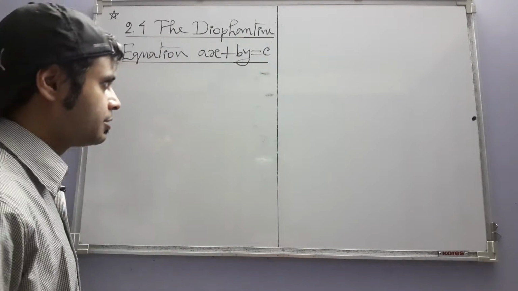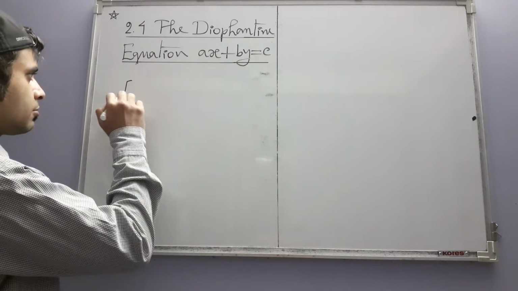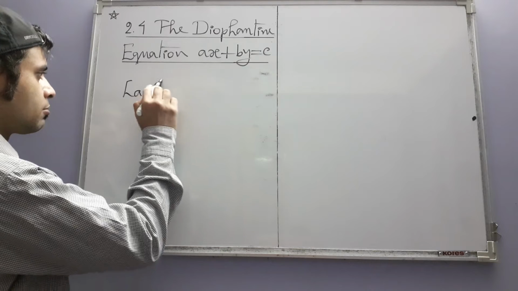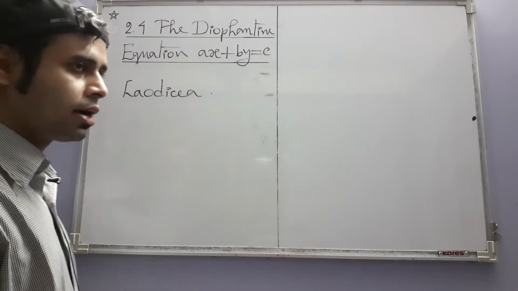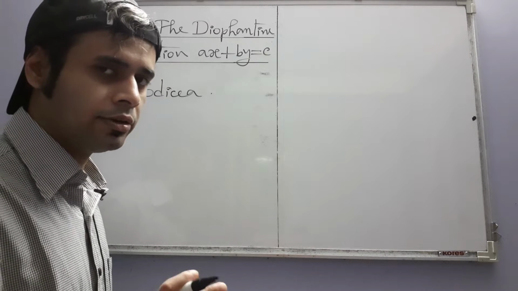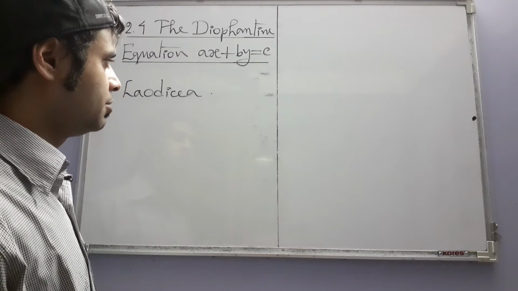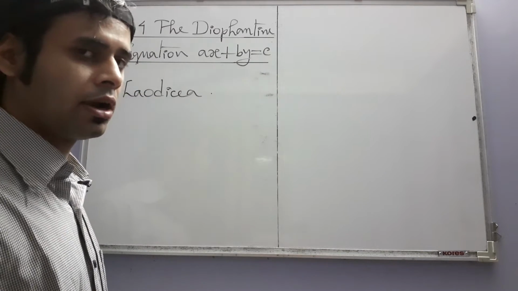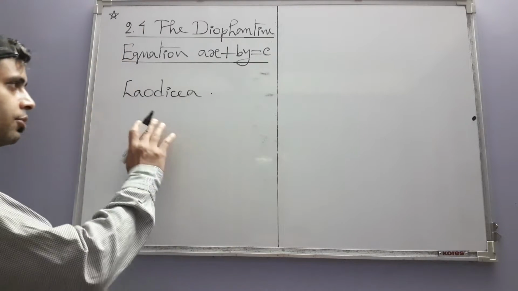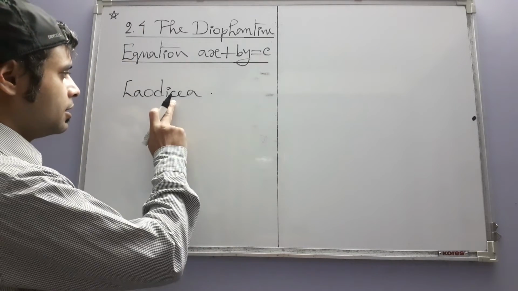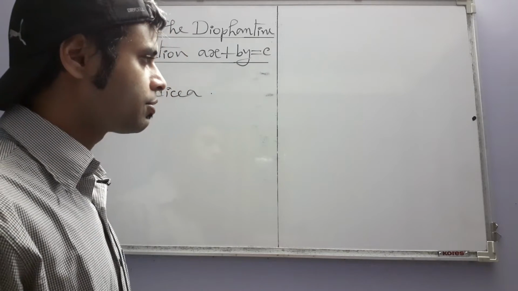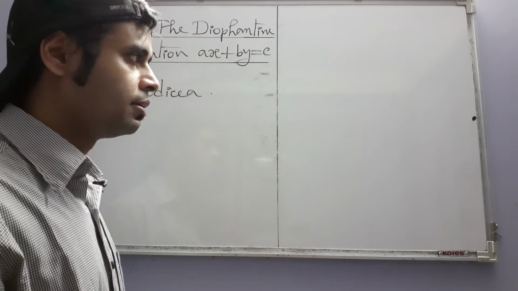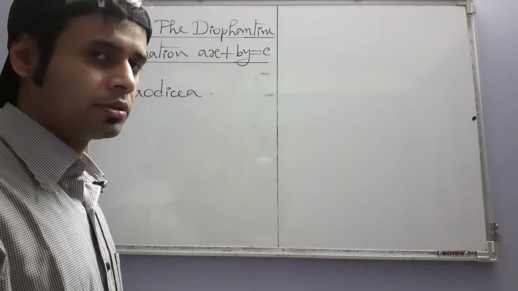Now this place, Laodicea, I don't really know how to pronounce it. Whatever the pronunciation is, this place is in modern day Turkey. So the bishop of Laodicea dedicated a book.